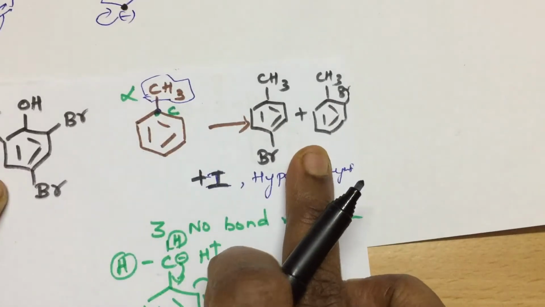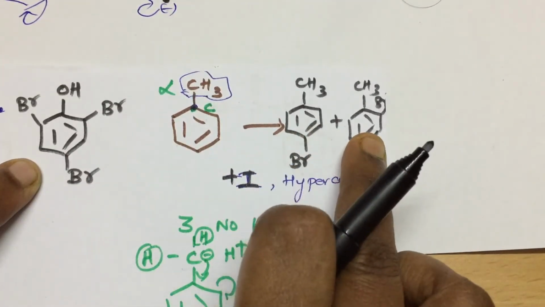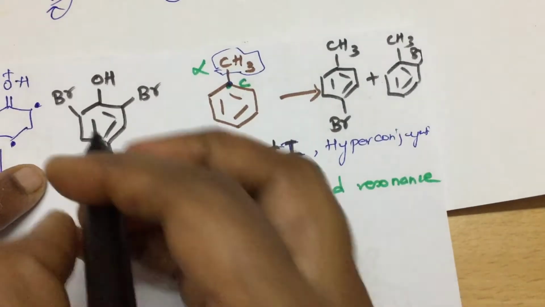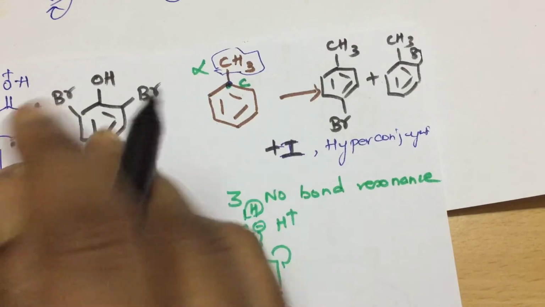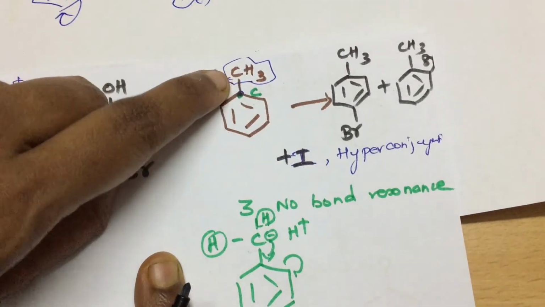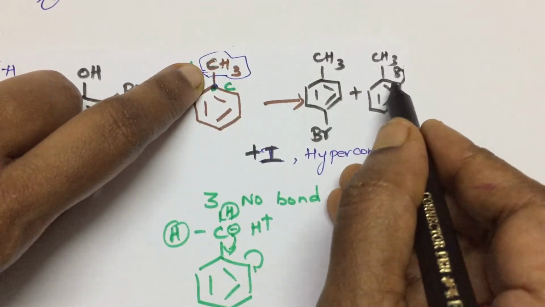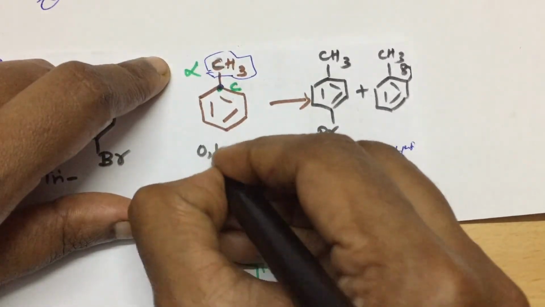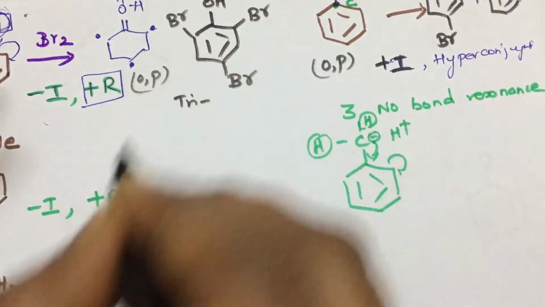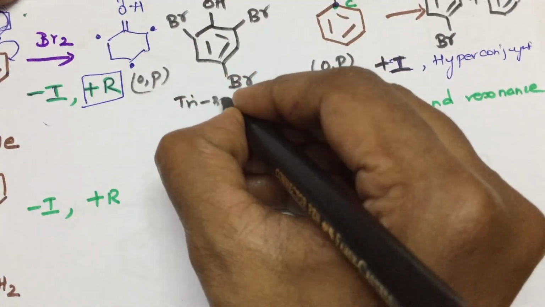Can you see the difference? You will get this plus this, orthobrominated and parabrominated. But here the tribromo derivative, due to the electron rich hydroxyl group. Here there is no lone pair, that is why you were getting ortho and para. This is also an ortho and para directing group, and this is also ortho and para, but it made the benzene ring very rich, so you will get the tribromo product.